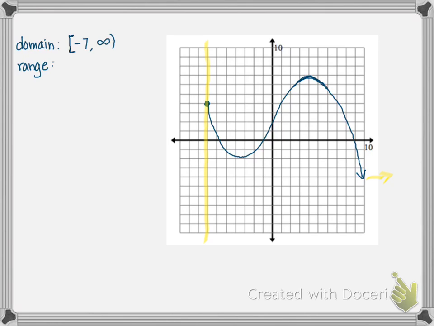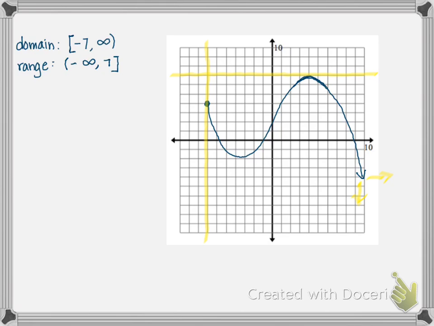And then for our range, we're going down. And then at the very top, my graph does not go above that point. So -infinity up to 7. And again, we're going to include 7.